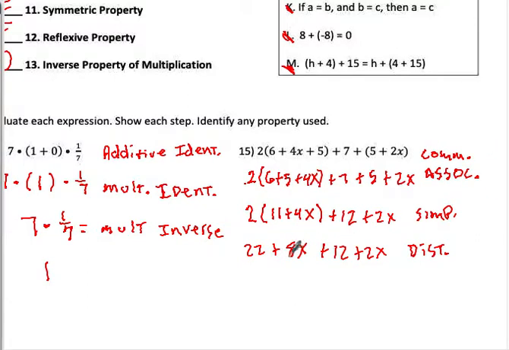Now I need to put like terms next to each other so that I can perform the operation. So 22 plus 12 plus 8x plus 2x. What was that? Commutative property. And then that would be 34 plus 10x. And that was just simplifying.